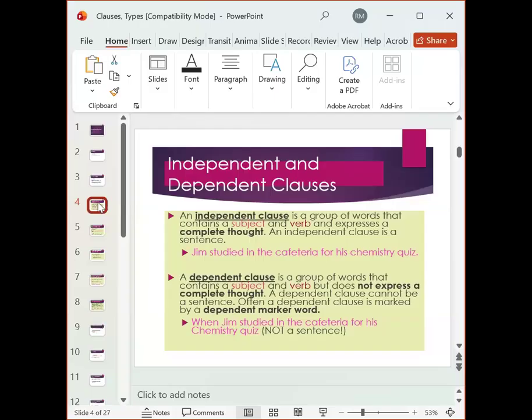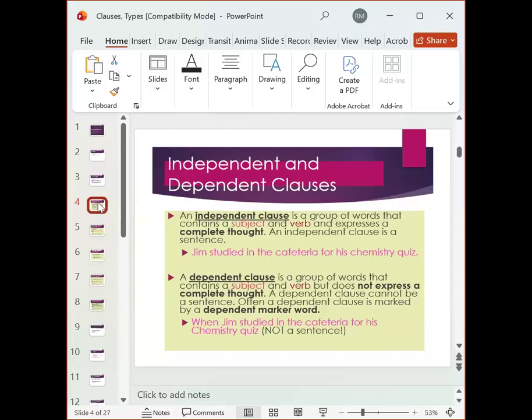So this sentence can be made complete if we add other information. While it is not complete in thought or in meaning, every requirement of a clause is present. The verb studied is still marking tense in the past. It has its subject, Jim, and it carries all the features of a clause. But the only difference is that the idea is not complete. It needs additional information to make it complete.